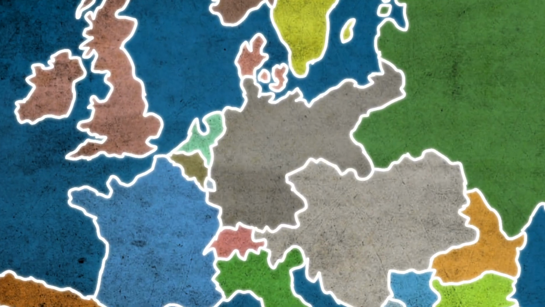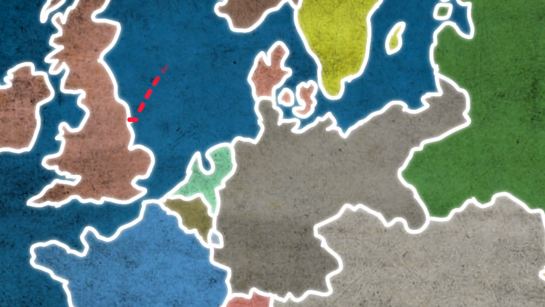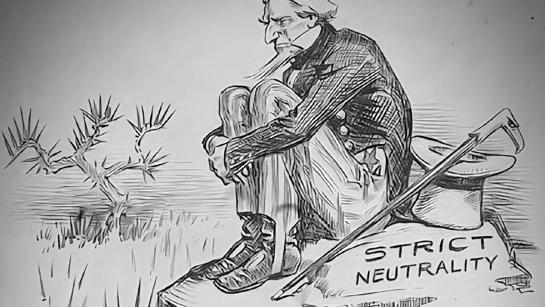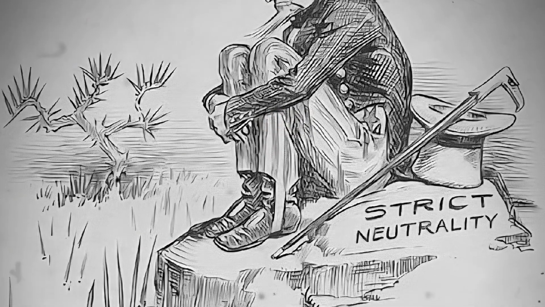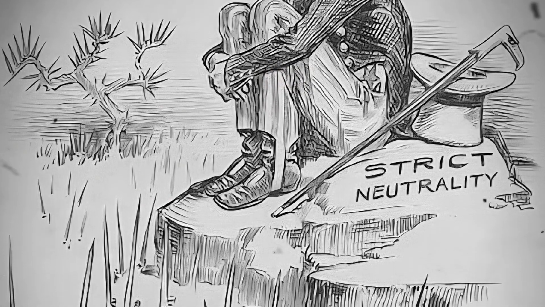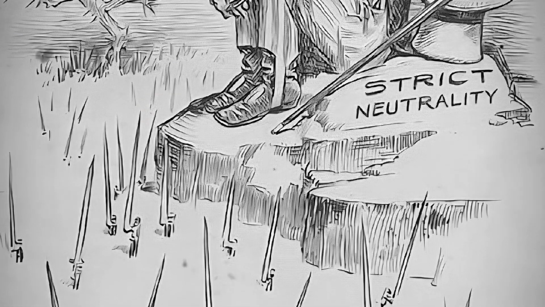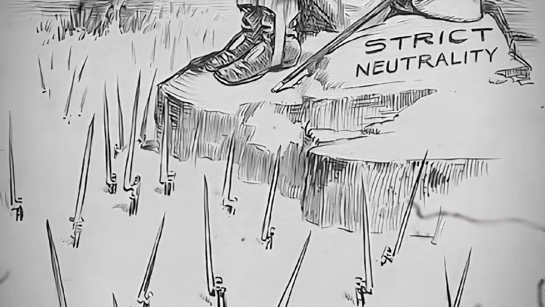The British naval blockade of Germany further tilted American trade away from the Central Powers, as it effectively cut off supplies to German markets. While the US government insisted on its right to trade with all belligerents, the blockade and the reliance on British and French orders made neutrality increasingly difficult to maintain.